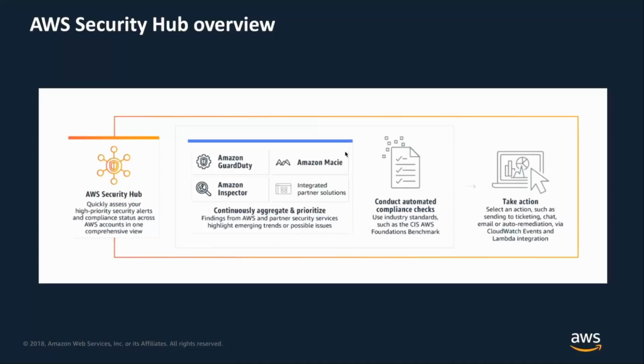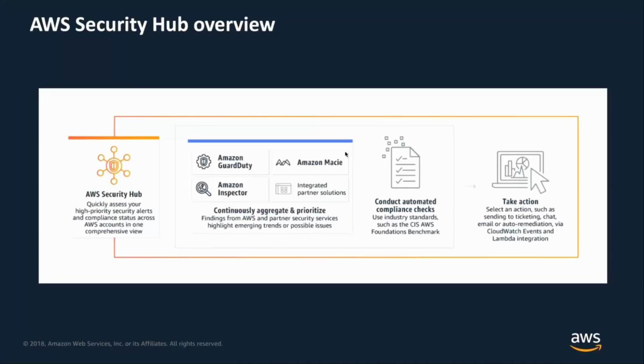into Security Hub. And then another really exciting thing is that we've integrated with 29 different partner solutions. And same as GuardDuty, Inspector, Macie, those partner solutions will also push findings to Security Hub in an automated way.